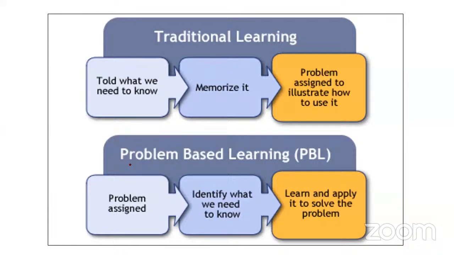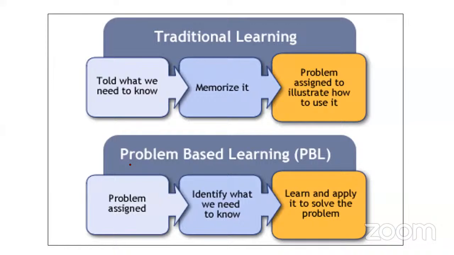Now I am showing the schematic diagram of traditional learning or passive learning and problem-based learning. In traditional learning, the teacher or the tutor or the instructor tells what we need to know, we meaning the learners or the students on the opposite side. And they will memorize it.